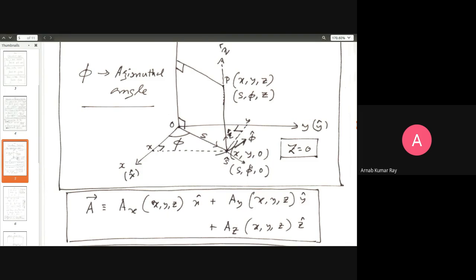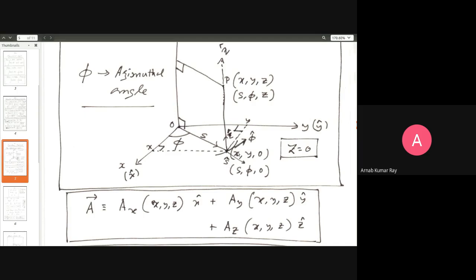And phi cap is tangential to the path traced out by this point as it lies on the circumference of a circle. So phi cap and S cap you have.